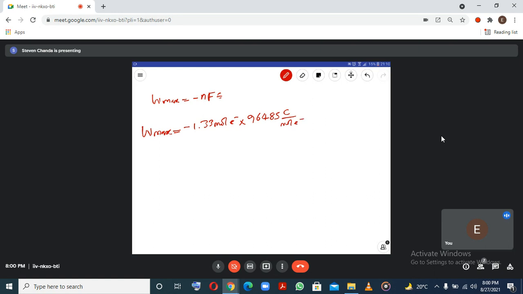Then times the E value, which is 250 J/C, that is joule per coulomb. The coulombs that are over and the ones on top can cancel, so we are only remaining with something in terms of joules, meaning the maximum work.